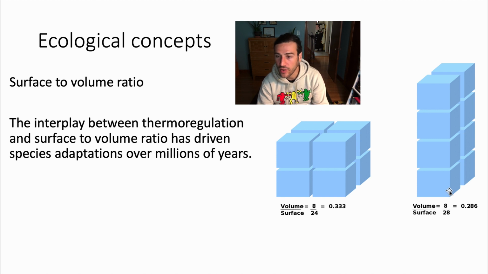So, pretend these are organisms, obviously. These organisms are going to be able to dump heat more efficiently, and these organisms are going to be able to hold on to heat more efficiently. These are concepts that I want to drill home.